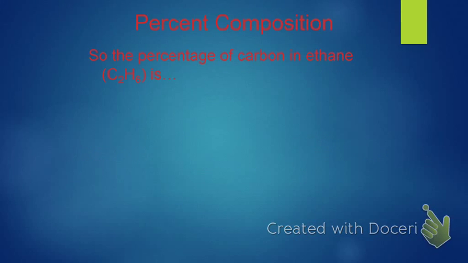Okay. So if we want to look at the percent of carbon in ethane, we're going to need to know the following. First off, we need to take the total number of carbons, which is 2, times its atomic mass, which is 12.01, divided by the total, which is 12.01 times 2 plus 1.01 times 6, which is 30.08.